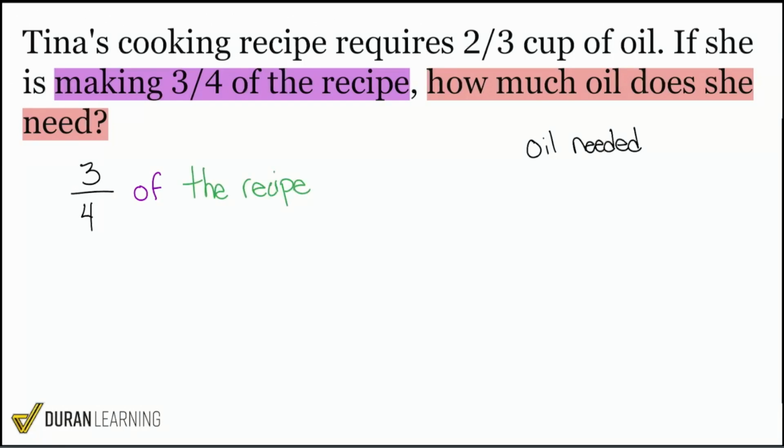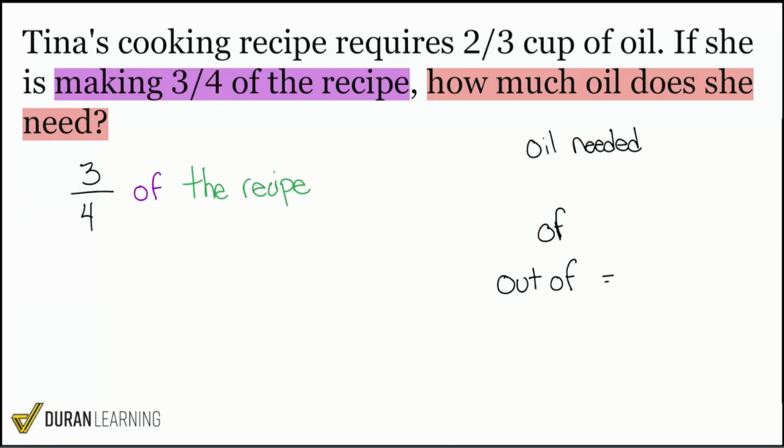Okay, so everyone, we have a very specific math phrase here, the word of. Write this down if you need to. I got you. We have two key phrases: the word of and the phrase out of.